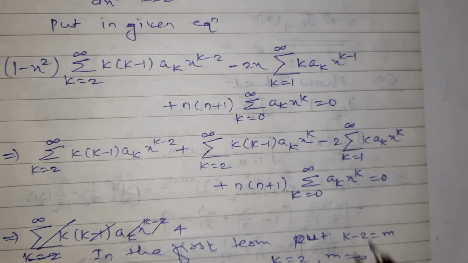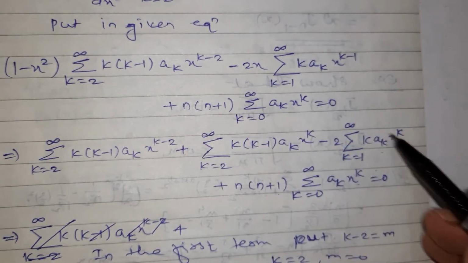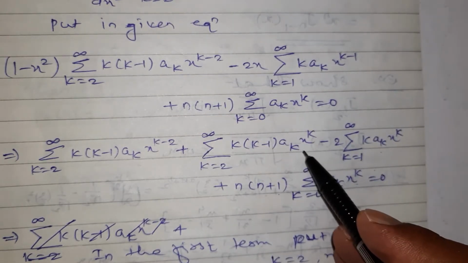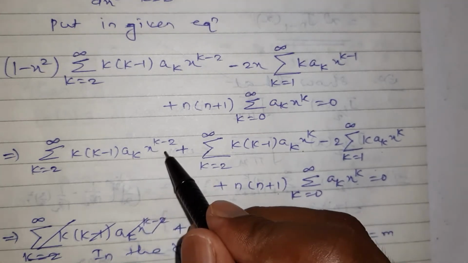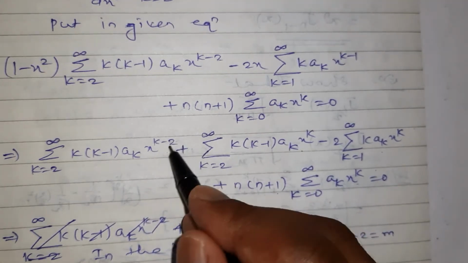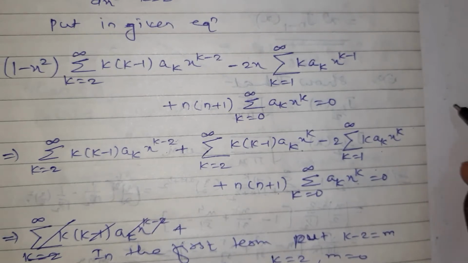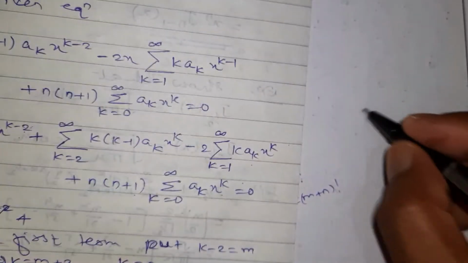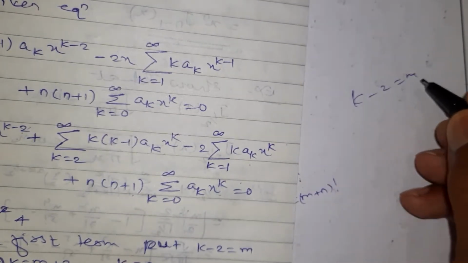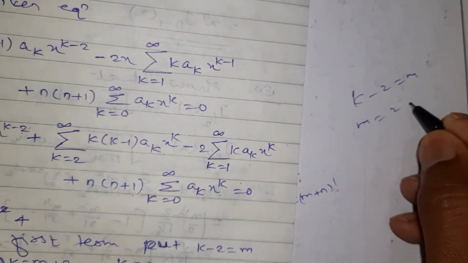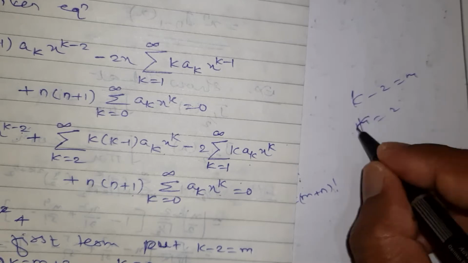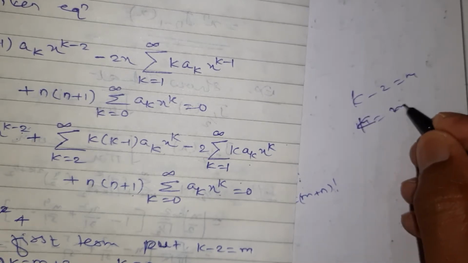Now in these three terms I can directly take k equal to m, but in the first term I have to take k minus 2 is equal to m. I hope you remember. Put k minus 2 is equal to m, so k is equal to m plus 2.